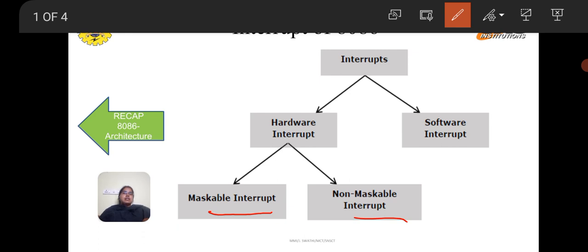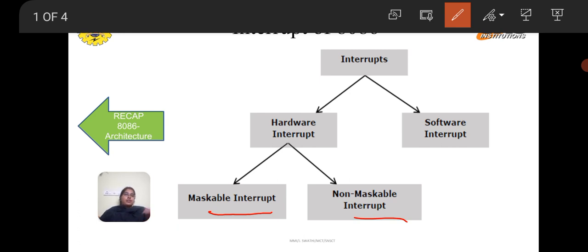These actions are taken by the microprocessor: first it completes the current instruction, activates the INTA output and receives the interrupt type, say X. Flag register values, CS value of the return address and IP value of the return address are pushed on the stack. IP value is loaded from the contents of the word location X into 4, and CS is loaded from the contents of the next word location. Interrupt flag and trap flag are reset to 0.